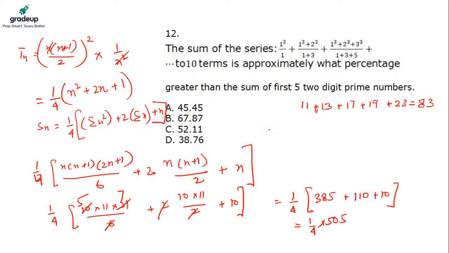So we have to find 505 divided by 4 into 83, which comes out to be option number C. Okay, so which comes out to be 505 divided by 332. So 505 is around 52% more than 332.